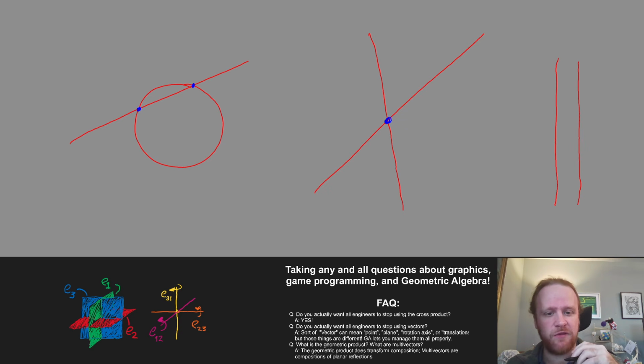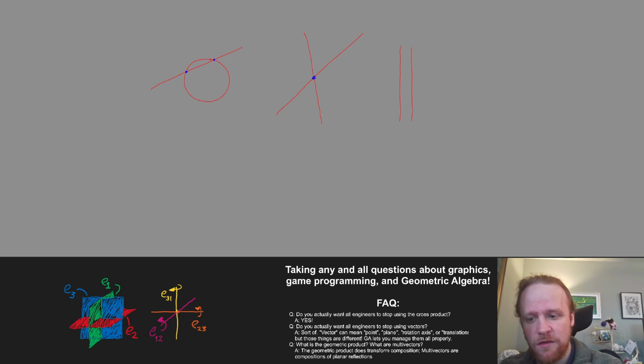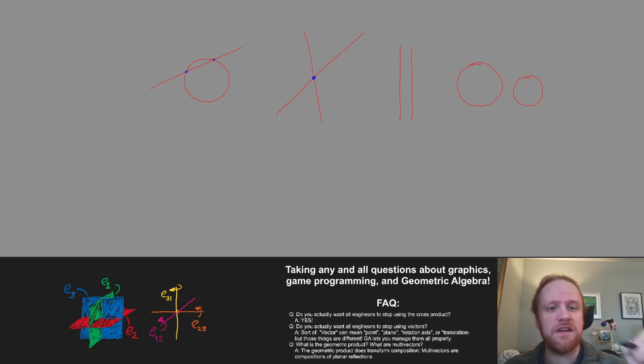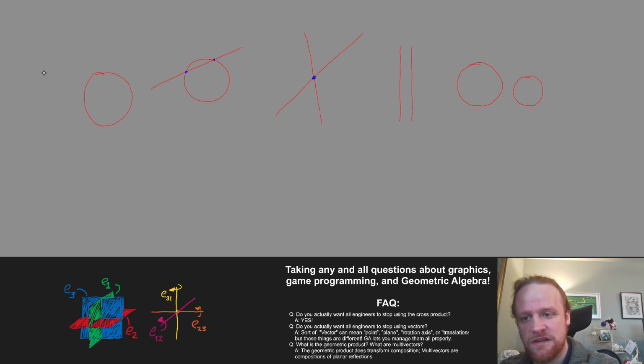These appear to be our three situations. But here's another one. You might have a circle and another circle, and these guys don't meet at all. And also you could say a circle and a circle do sometimes meet, but that's a special case of this, as we'll see.